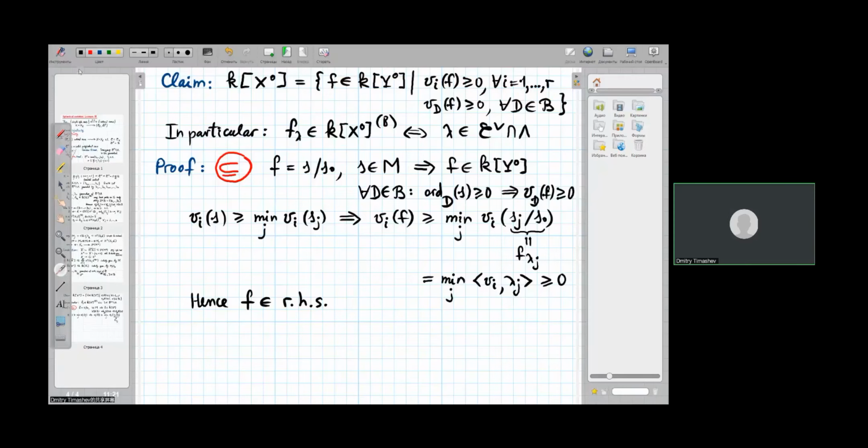And more generally, we have proved this for a function f of this form. But any function in the coordinate algebra of x naught has the following form.